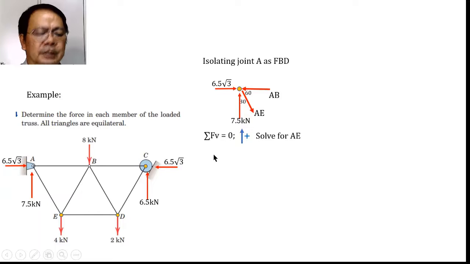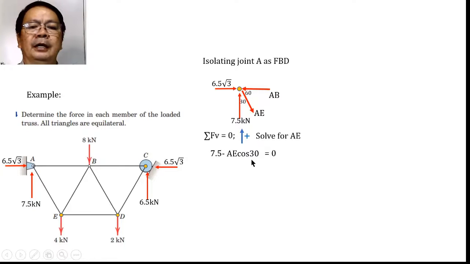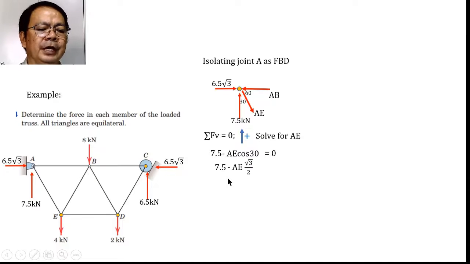We have here 7.5 minus AE cosine of 30 will be equal to 0. Now, if we substitute the cosine of 30, which I believe may not need your calculator because this is a special angle, that is equal to square root of 3 over 2. So we substitute the value. So 7.5 minus AE times the square root of 3 over 2 will be equal to 0.